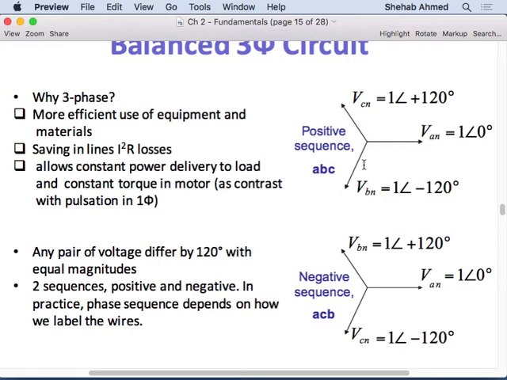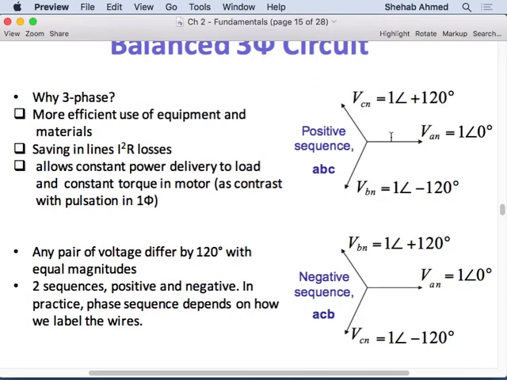And if you're standing here, these are phasors. These are time domain signals that are changing with time at a frequency of, in here, for example, 50 hertz. But in the phasor domain, we represent them as a magnitude and an angle. Remember the relationship between time domain and phasor domain.